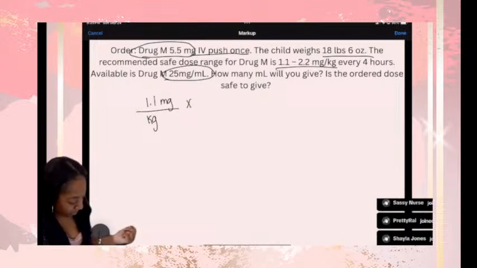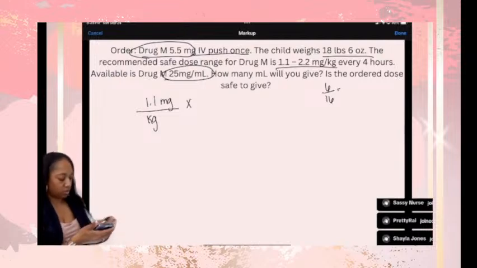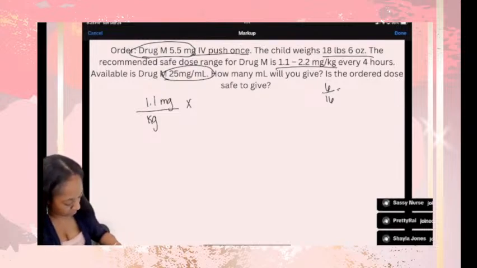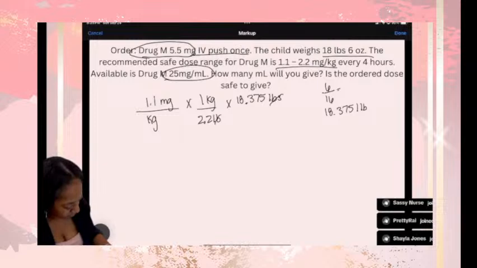So our weight is in pounds and ounces. So remember, we got to put that 6 over 16 so we can convert the ounces to pounds. So that's 0.375, so 18.375 is our weight. So 1 kg over 2.2 pounds. Then it's 18.375 pounds, okay? Cross that out, cross this out.